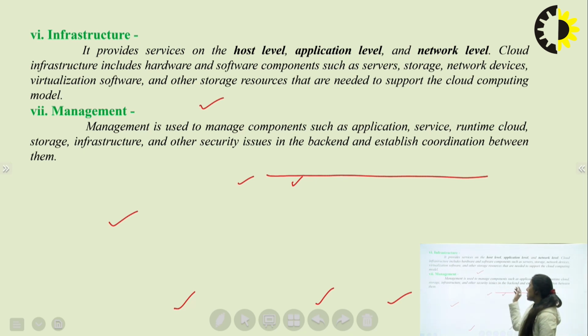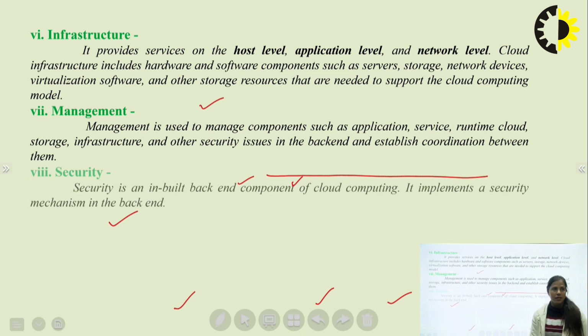It is used to manage components like the application, services, runtime environment, storage, infrastructure, and other security issues in the backend. These are components of the backend only, the management and the infrastructure. The management component is used basically to provide coordination between all these components.